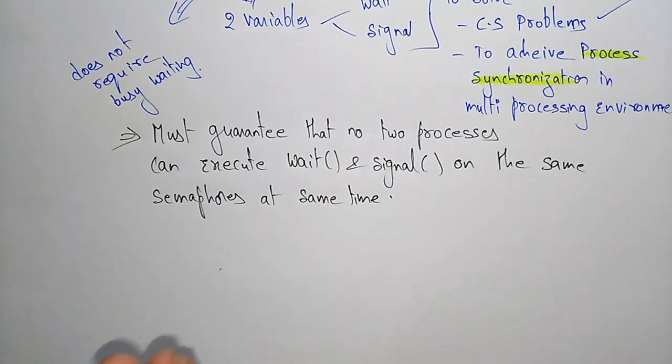To achieve process synchronization, you have to follow this condition. Thus the implementation becomes a critical section problem, where the wait and signal codes are placed in the critical section. This is how you have to implement the Semaphores.